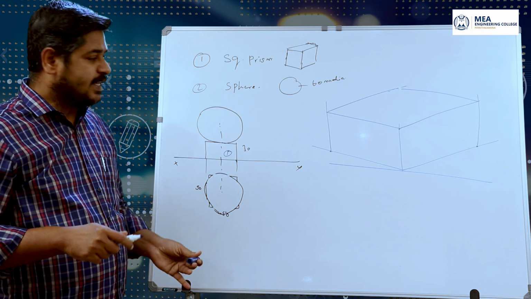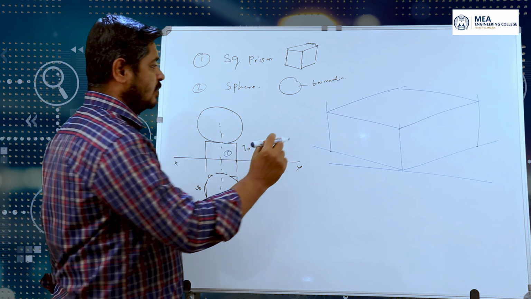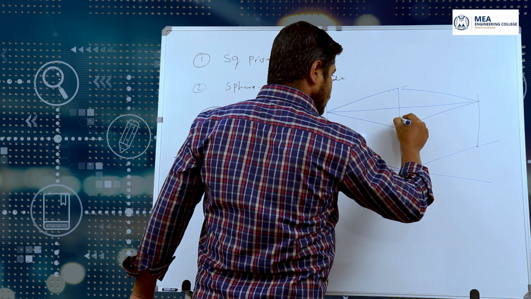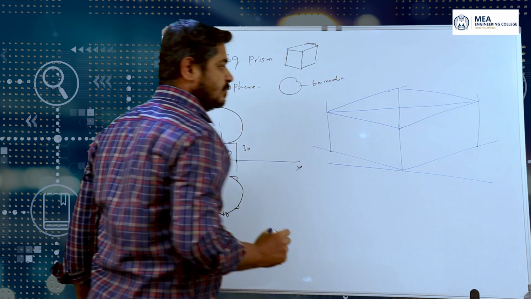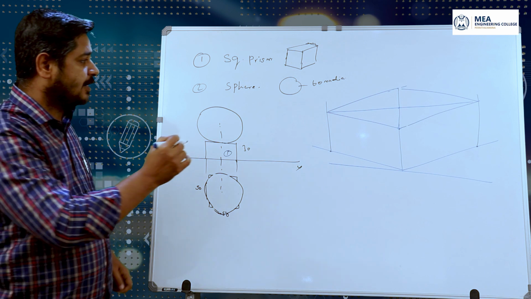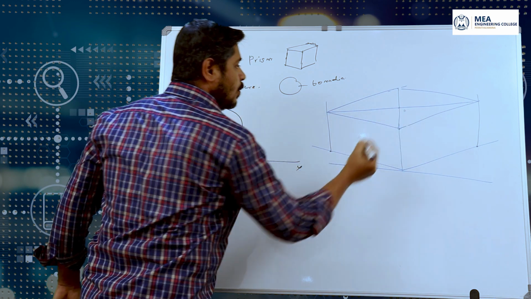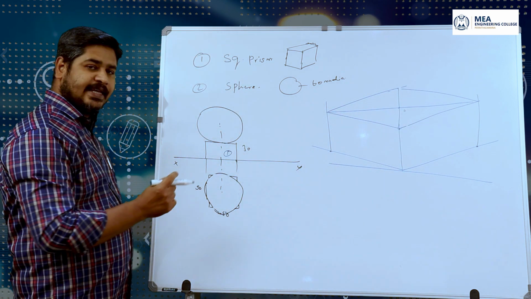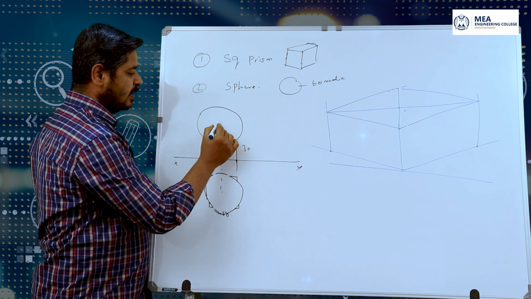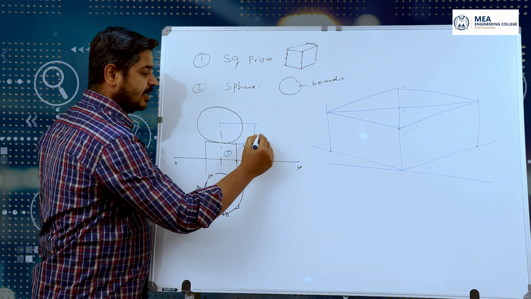First find the center point on the top surface. So this is my center point. The top surface center point is identified, so I can call it O. Now take the radius. The diameter is 60 mm, given, so the radius is 30 mm.